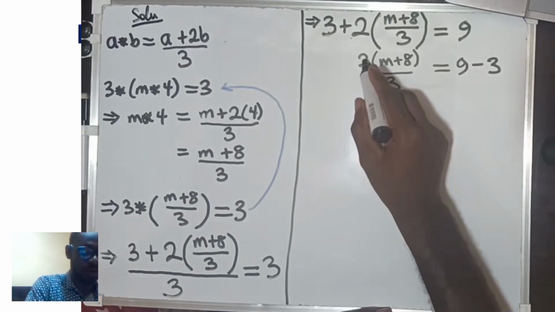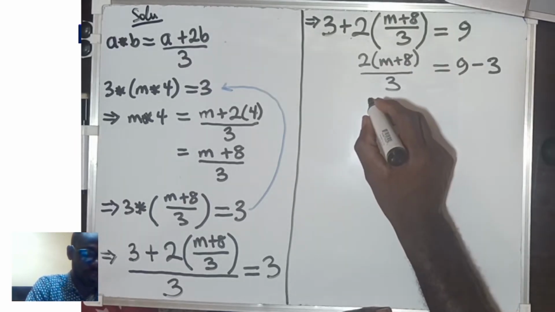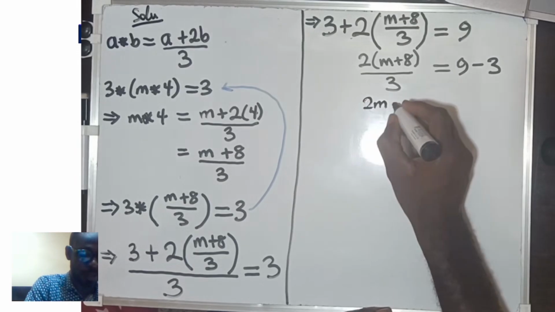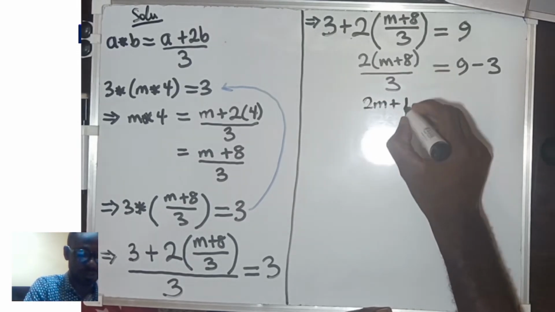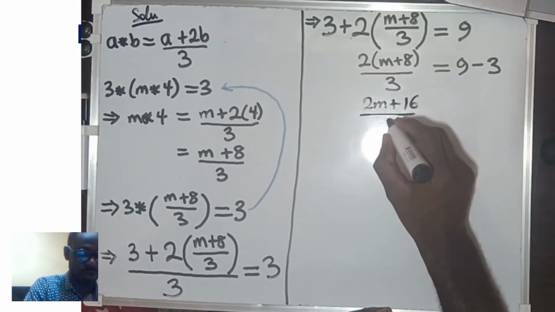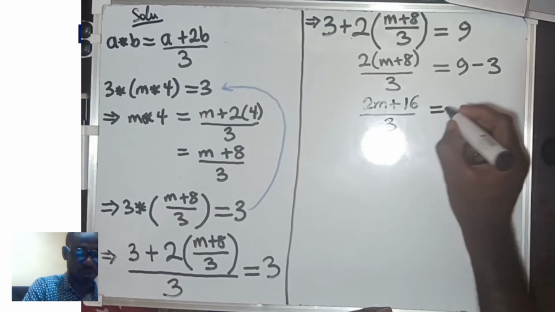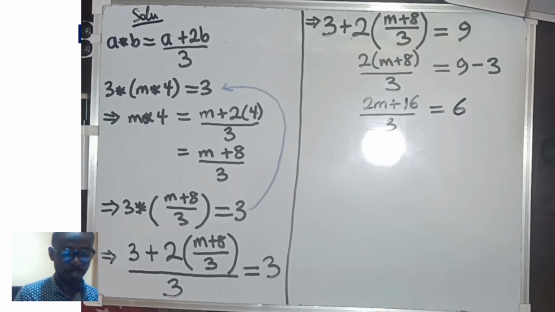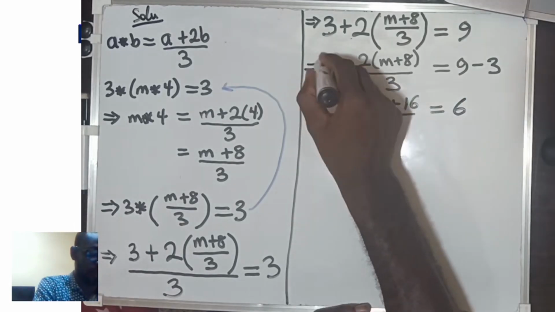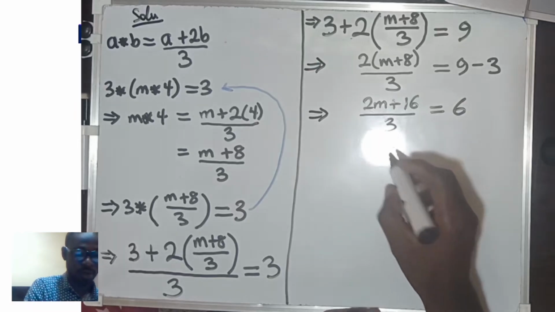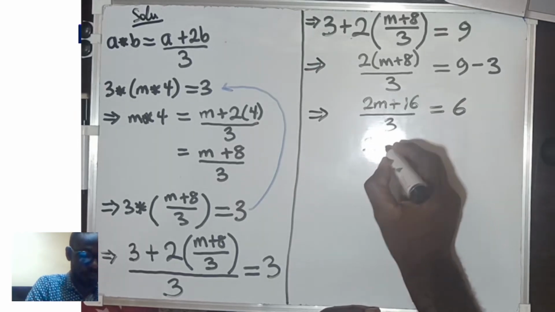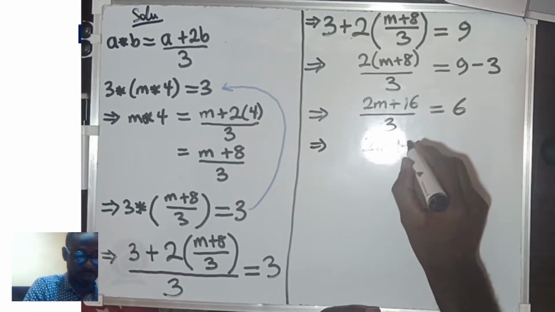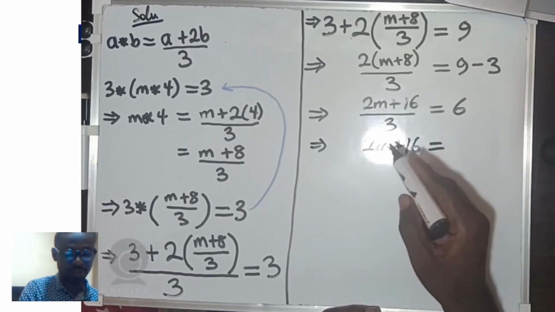So now, if I'm simplifying what's at the top, I'm going to get 2m plus 2 times 8 is 16, divided by 3 is equal to 9 minus 3 is 6. If I'm simplifying this further, I'm getting 2m plus 16. Now this 3 is dividing here.